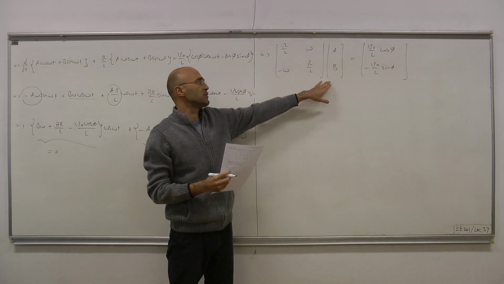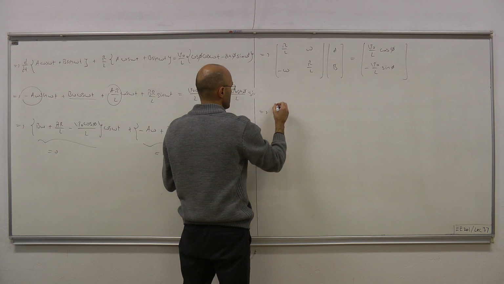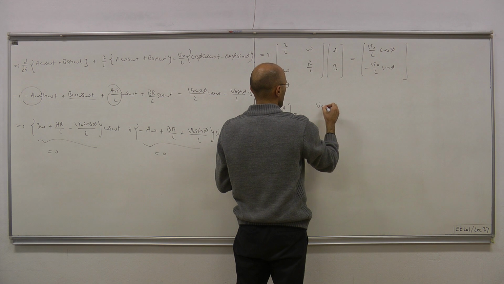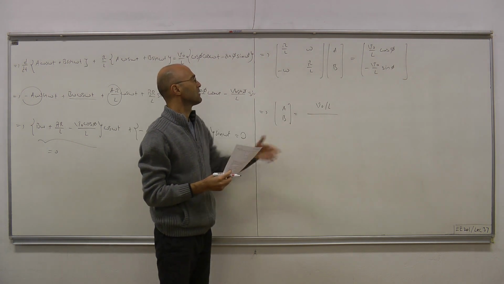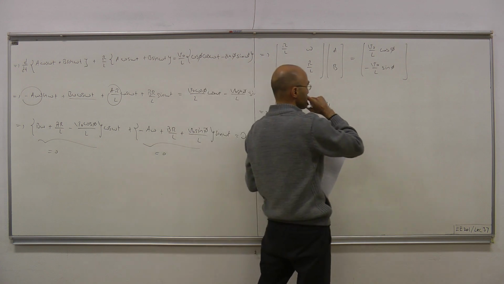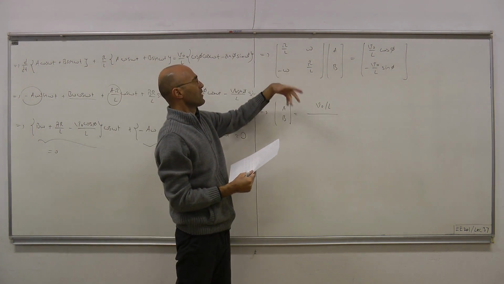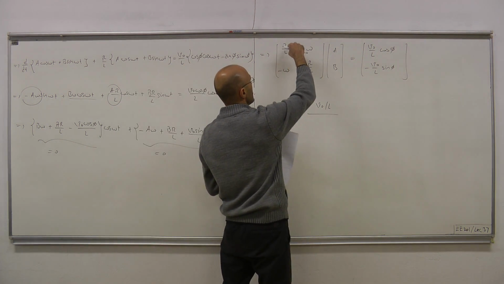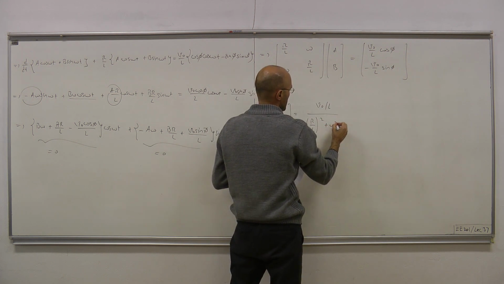So we can figure out A and B by simply multiplying both sides with the inverse of this matrix. If you do that, this is what you have. A, B equals omega 0 over L, we take this outside, times the inverse of this matrix, times the vector cosine phi, minus sine phi. The inverse of that matrix is 1 over the determinant times the adjoint. The determinant is R over L squared plus omega squared.